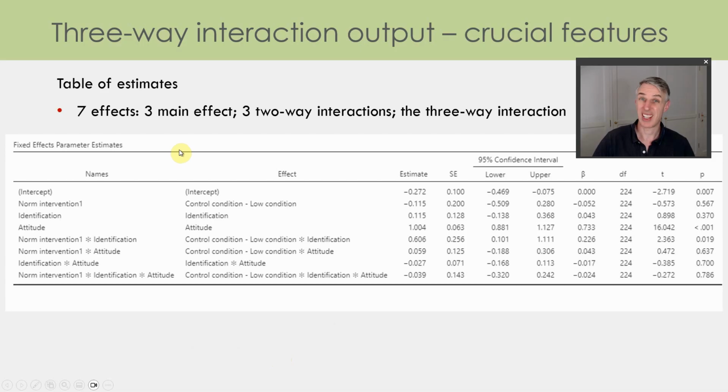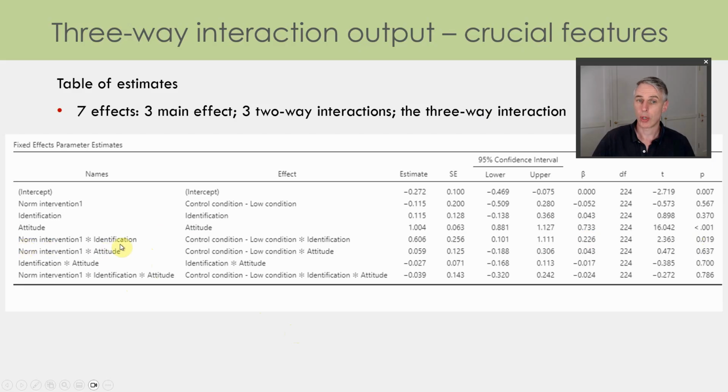So again, just to say, just as we saw in three-way analyses of variance or mixed models, we have 7 effects. The 3 main effects, the 3 two-way interactions, and the 3-way interaction between all 3 of the predictors. What we see is we've got a main effect of attitude.